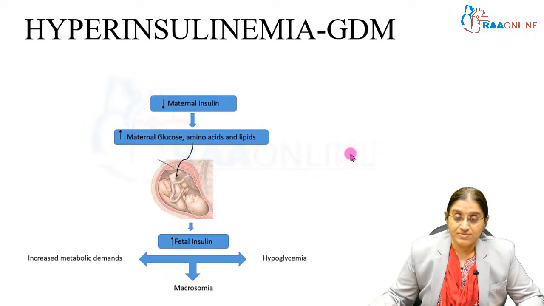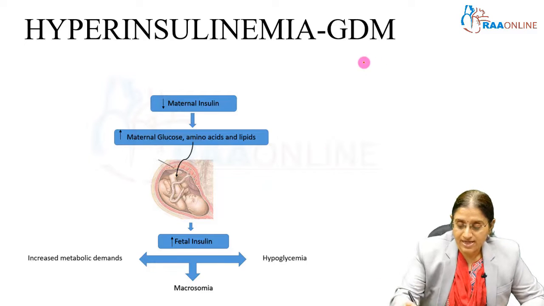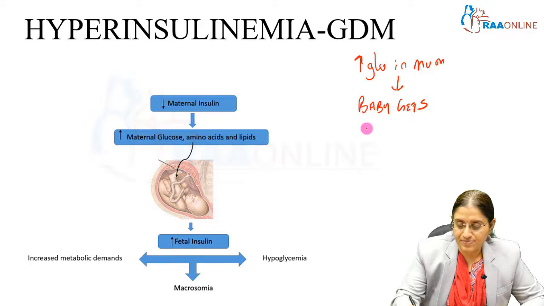So in gestational diabetes, let's start from intrauterine life. When the baby is inside, the mother already has increased glucose in her blood. So what happens? The baby gets increased glucose.